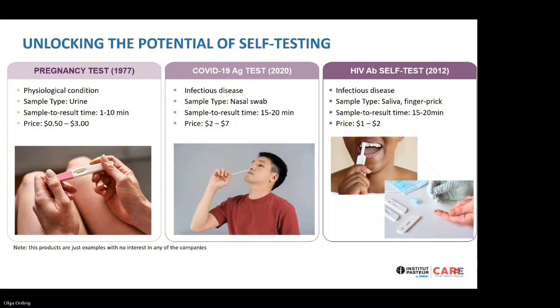All of them are cheap, because we said that cost is one of the advantages of lateral flow tests, and they are fast. Another interesting thing is the sample type. If they need to be used at home, the samples have to be easily collected by us: urine, nasal swab.